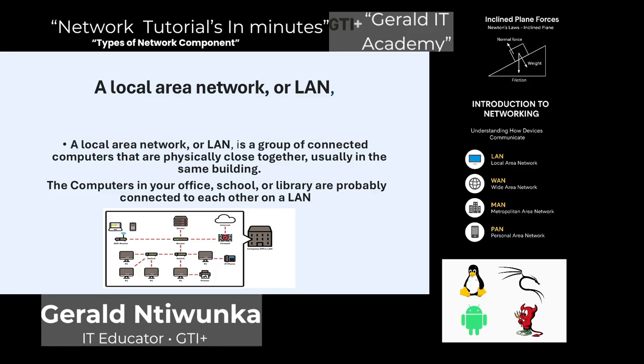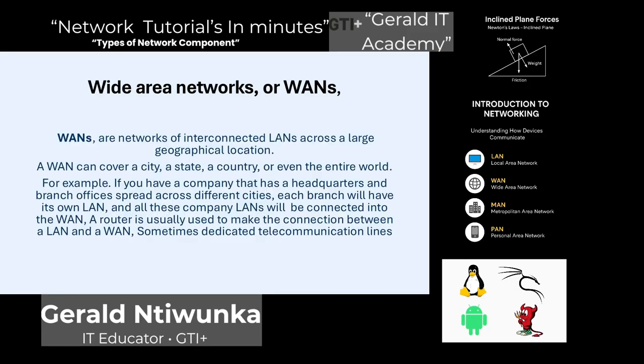Now we have the wide area network. From here, you will know the examples and the differences between these networking connections, how networks work. This is called a wide area network. What is it? It is a network of interconnected local area networks across a large geographical location.